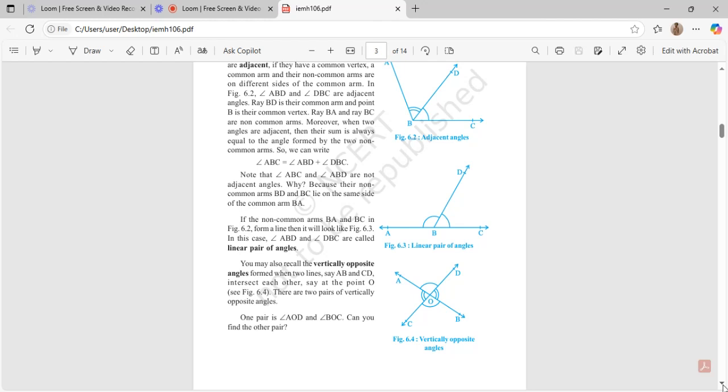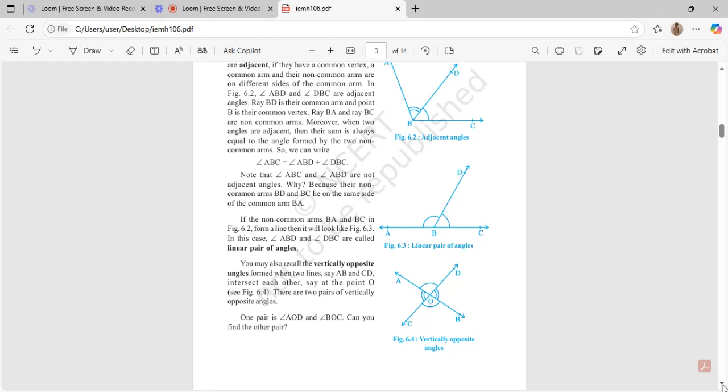So a linear pair means the adjacent angles combine to form a straight line. Here ABD and DBC are two adjacent angles because they have one common vertex B and one common arm BD. When they combine together, we get a straight line ABC. We call it a linear pair.